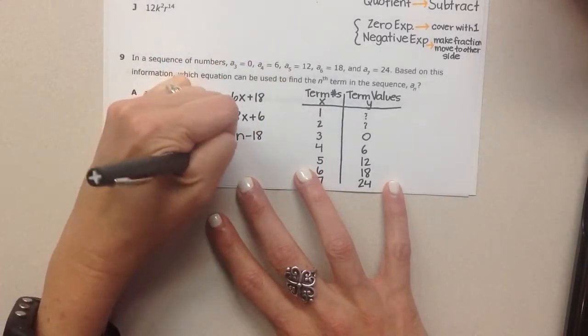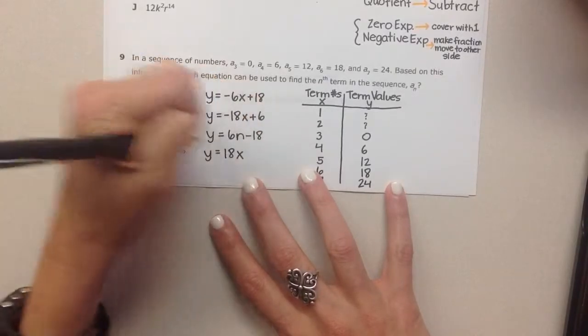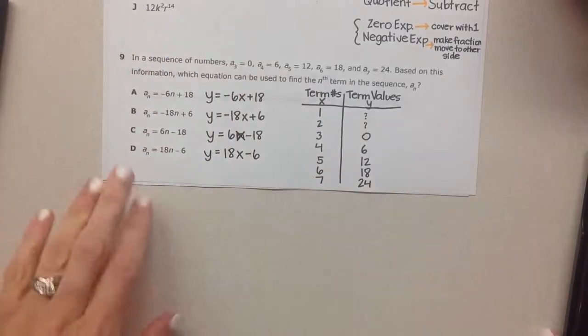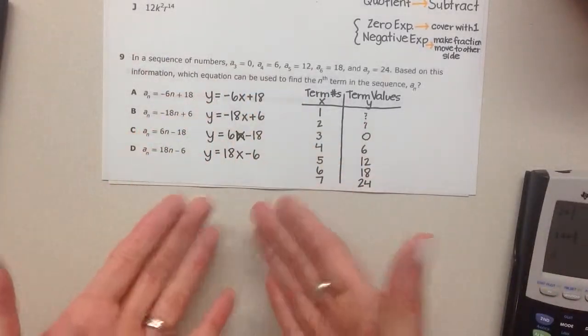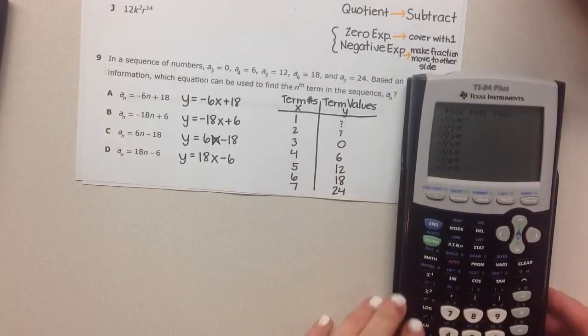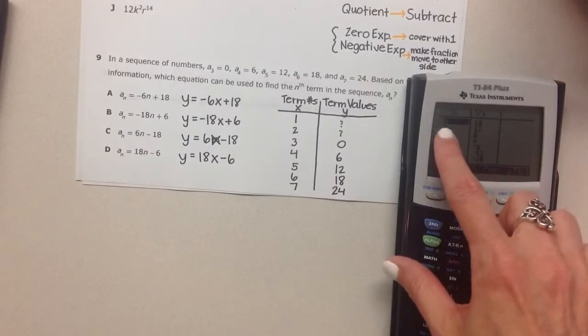And this is y equals 18x minus 6. So I'm going to go to my table because now I have equations and I'm going to match it up. So I'm going to go to y equals negative 6x plus 18, and I'm going to go to my table.